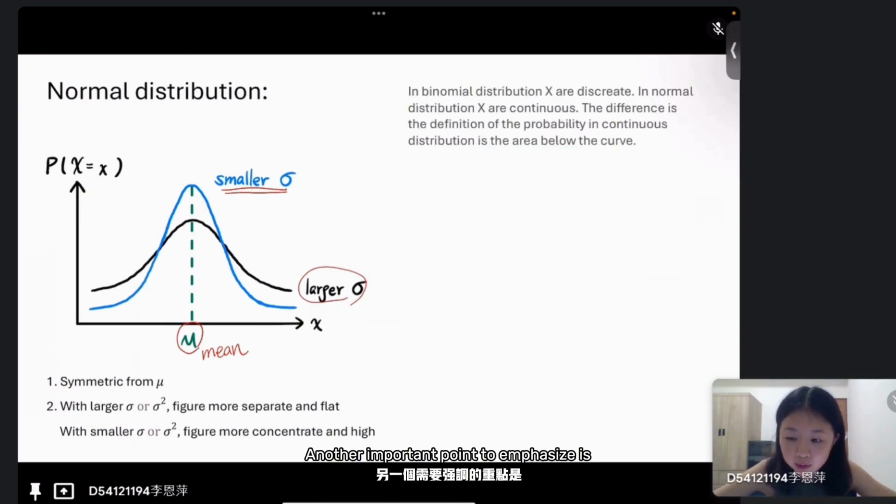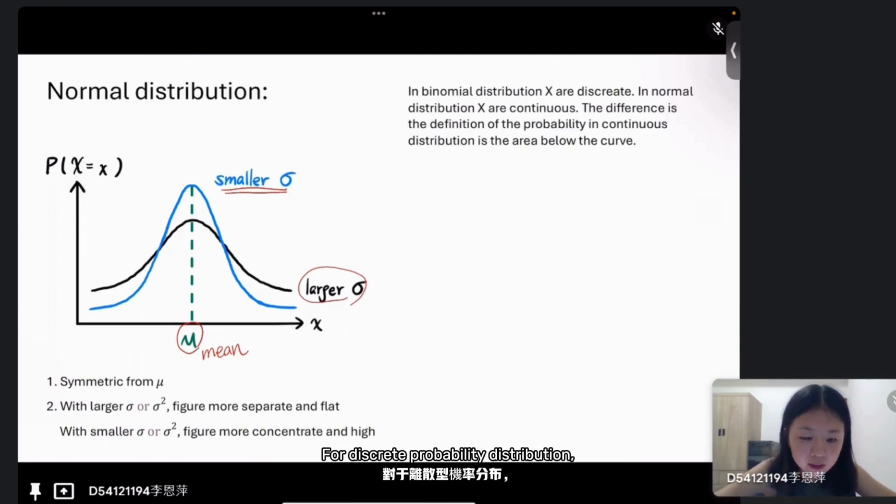Another important point to emphasize is the two types of probability distribution: discrete random distribution and continuous random distribution. The binomial distribution belongs to the former, while the normal distribution belongs to the latter. For discrete probability distribution, the probability is represented by the height of the bars in the bar chart.